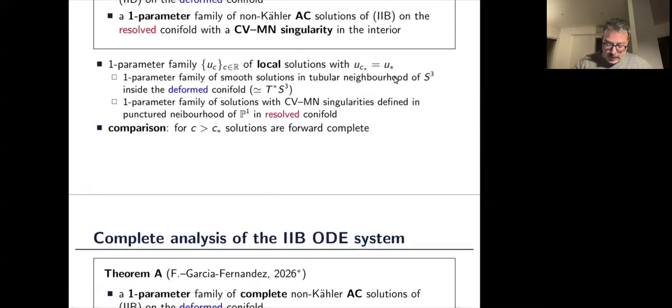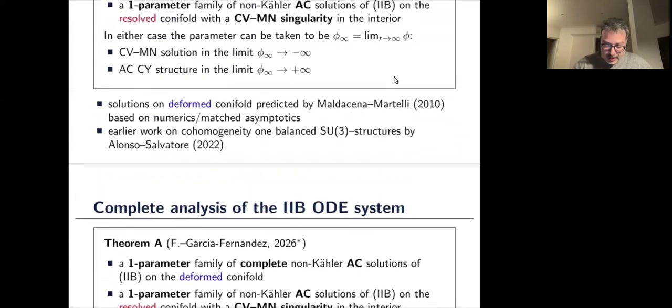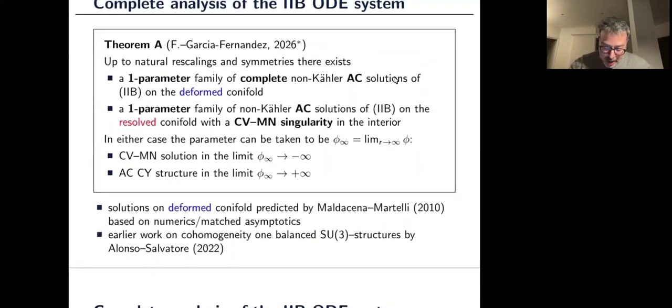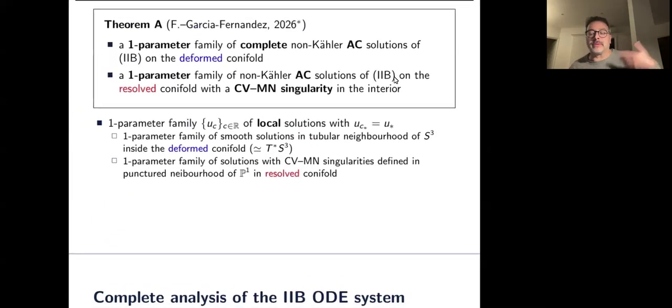If you label the cohomology class of the torsion alpha prime, then the CVMN solution should really be some strongly coupled limit, in the sense that if you use this rescaling freedom that you have, the limit where the CVMN solution appears is equivalent to a limit where alpha prime goes to plus infinity.